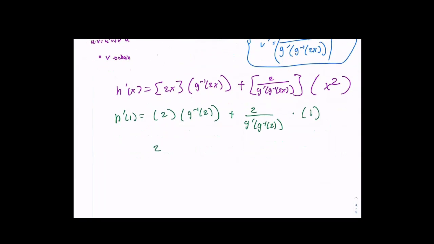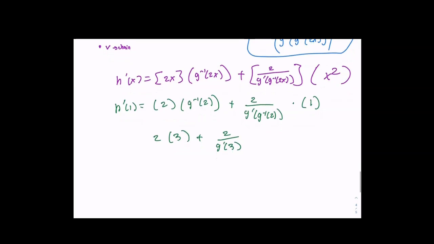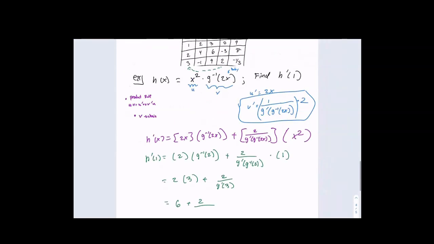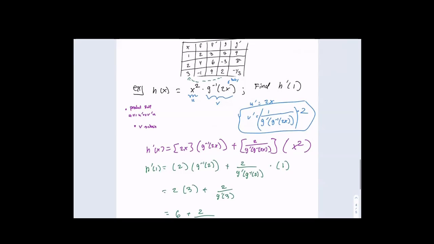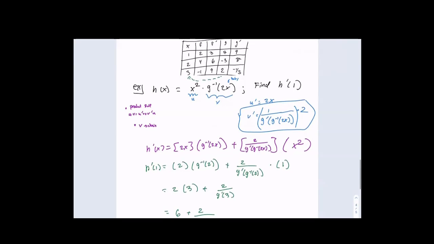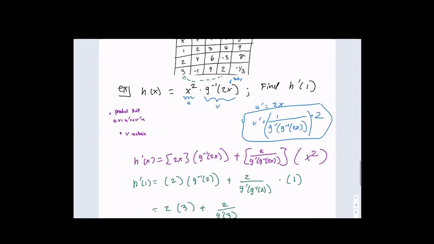So this gives me 2 times 3 plus 2 over g prime of 3, which gives me 6 plus 2 over g prime of 3. What's g prime of 3?